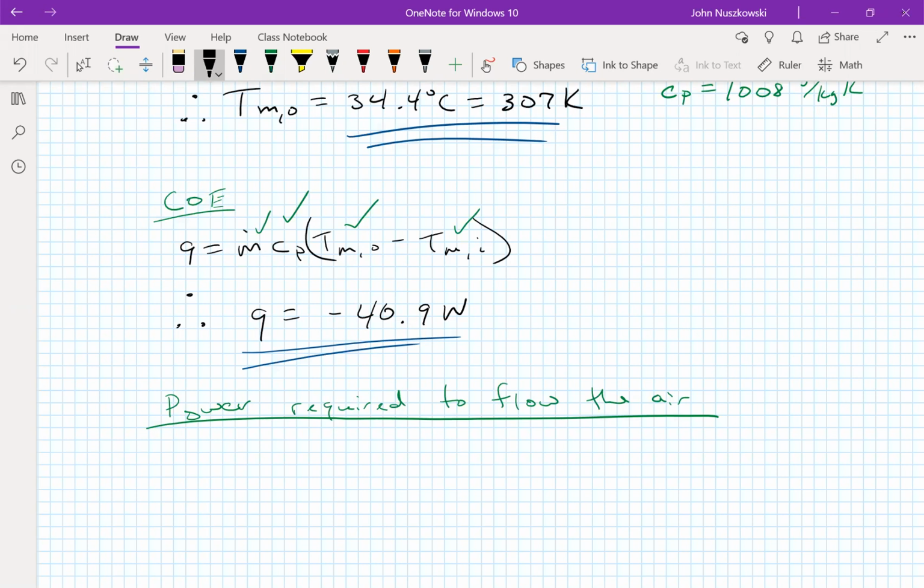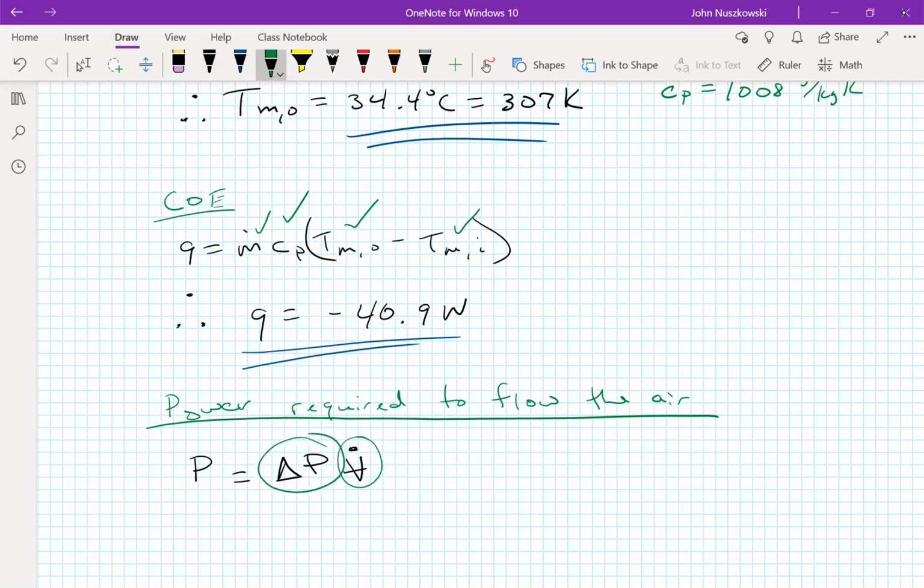Pressure change? Yeah, so our pressure change, right? So power is change in pressure times volumetric flow rate, right? So we're gonna end up needing equations for both.